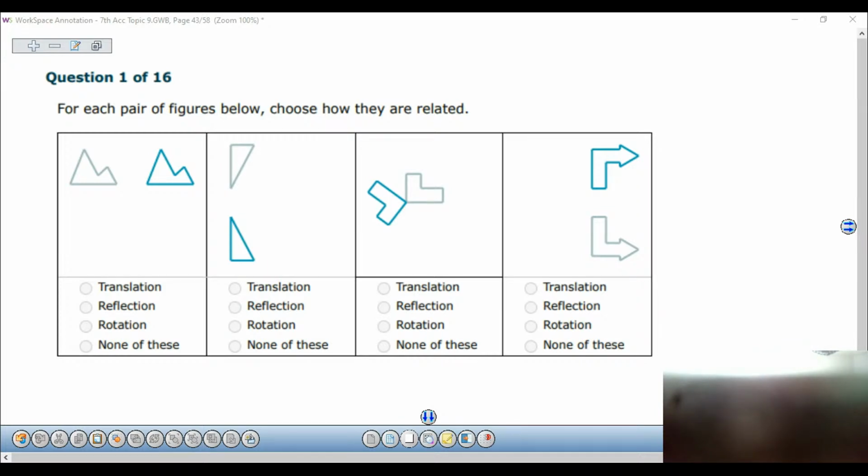All right, can you see it now? Hey, there we go. Now it's working.